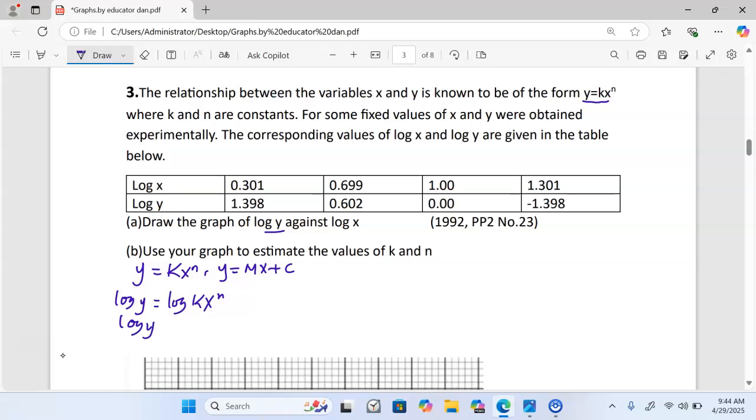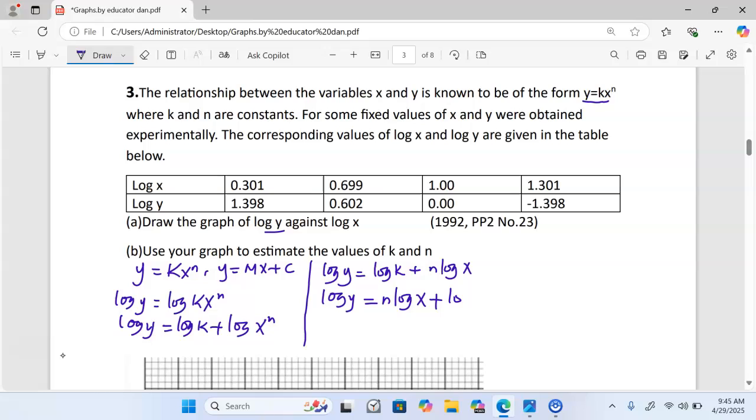Then we have log y being equal to the log k plus the log of x power n. Remember the rules of logarithms. Then log y is equal to the log of k plus n log x, and if we reorganize, we are going to have log y being equal to n log x plus log k. In this case, n is our gradient and log k is going to be our y-intercept.